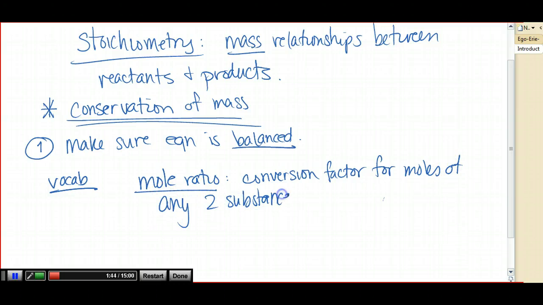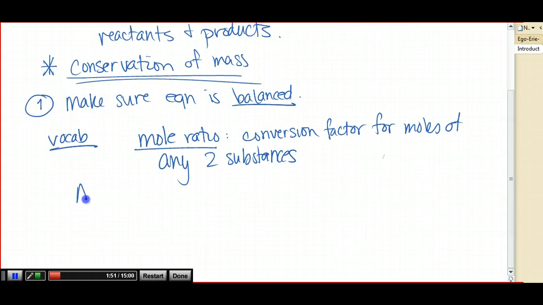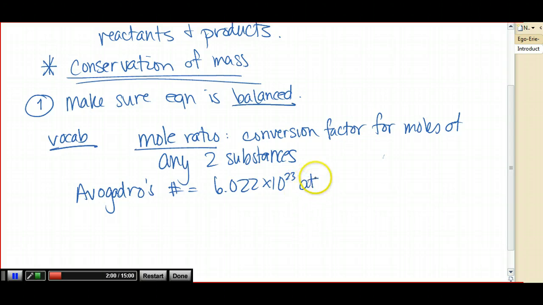And remember that when we're dealing with the moles of something, we're dealing with Avogadro's number, which is 6.022 times 10 to the 23rd particles. So a mole of something is 6.022 times 10 to the 23rd particles.